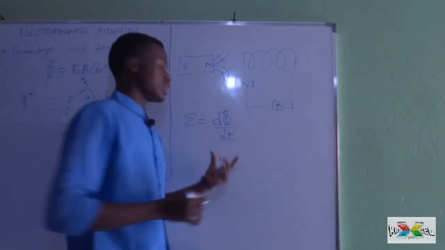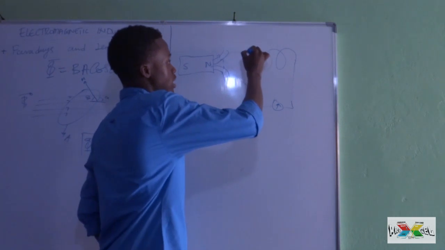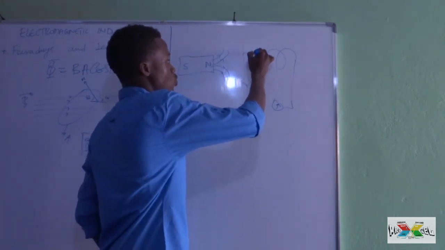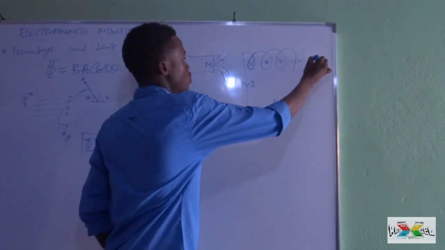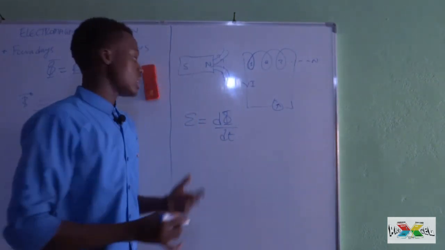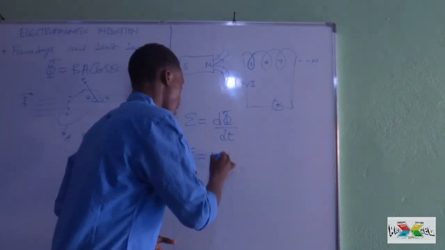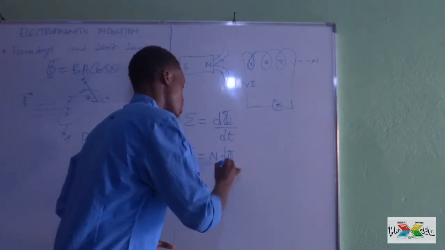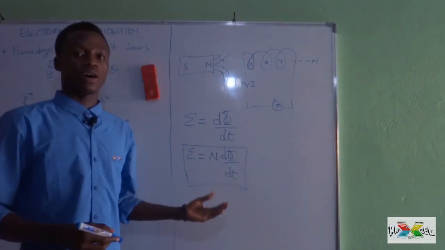Now, this is the case where the number of turns or coils here is 1. In the case where there are n coils, the induced EMF will simply be N d phi by dt, where this N now represents the number of coils.